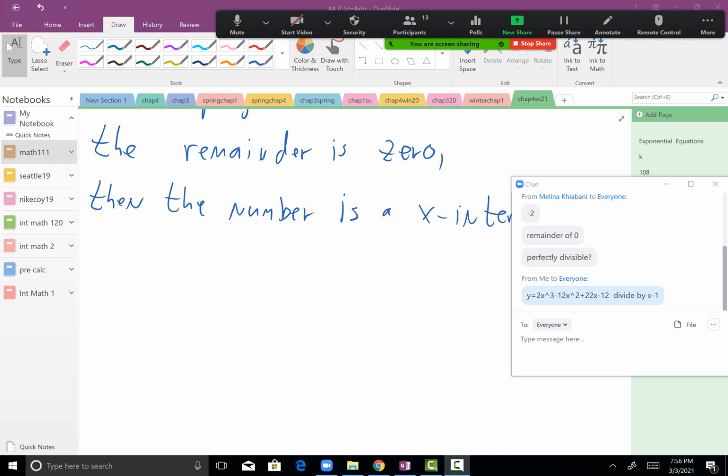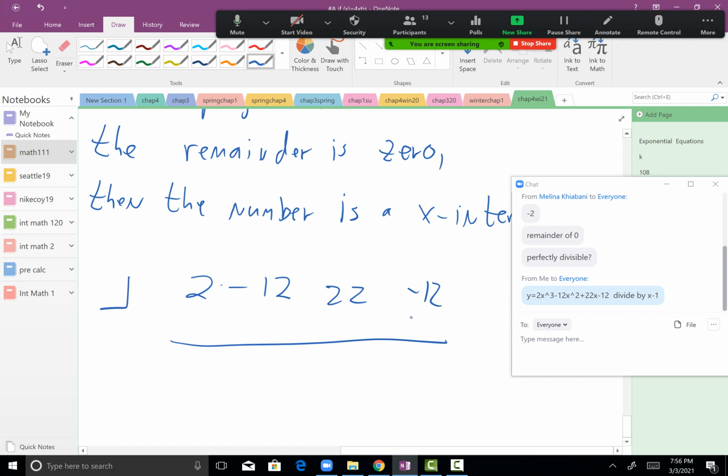Okay, so let's see what happens here. You take 2, -12, 22, -12, divided by x minus 1. So what are we going to put in the little backwards L? 1.